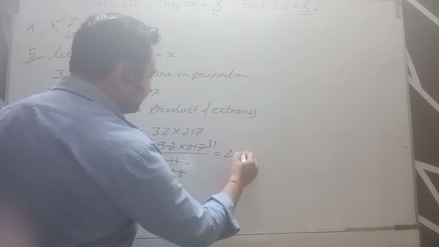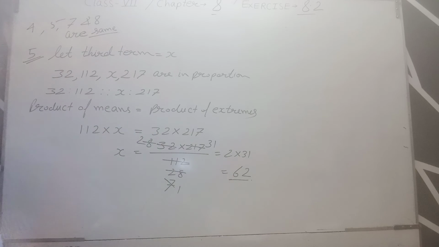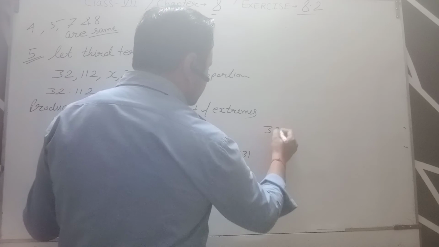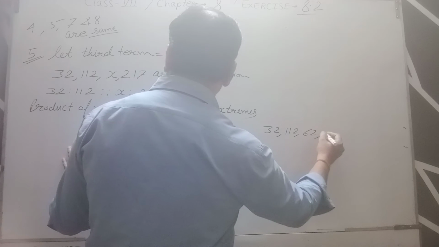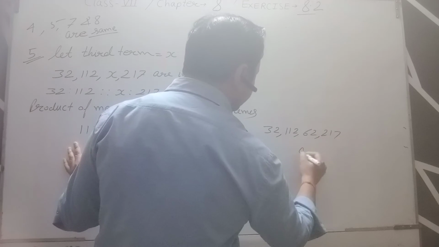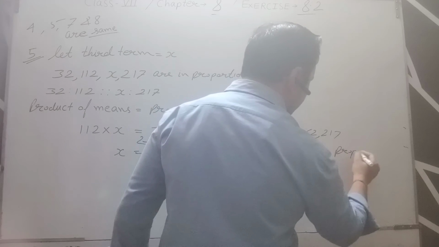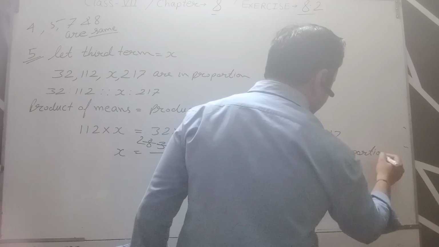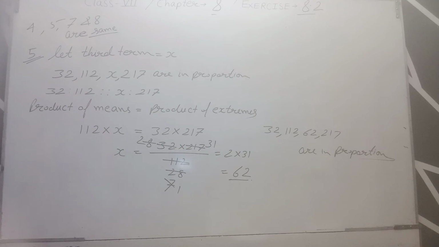So 2 multiply 31, the value is 62. So the third term is 62. So we can say that 32, 112, 62, 217 are in proportion. Clear? Just note down.